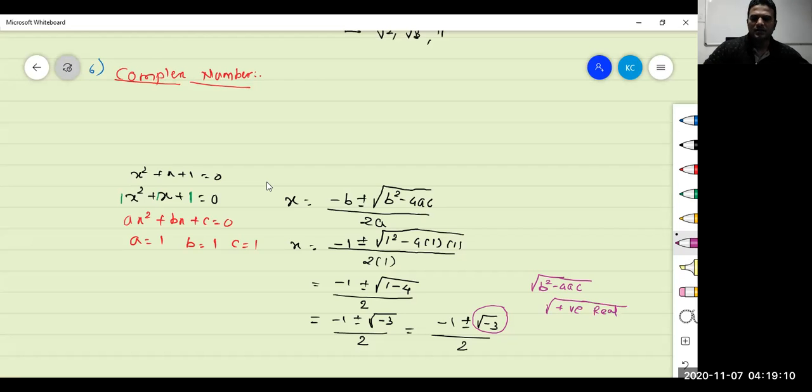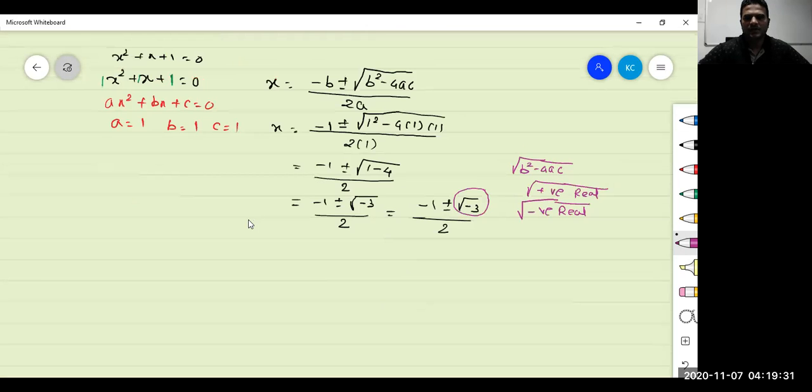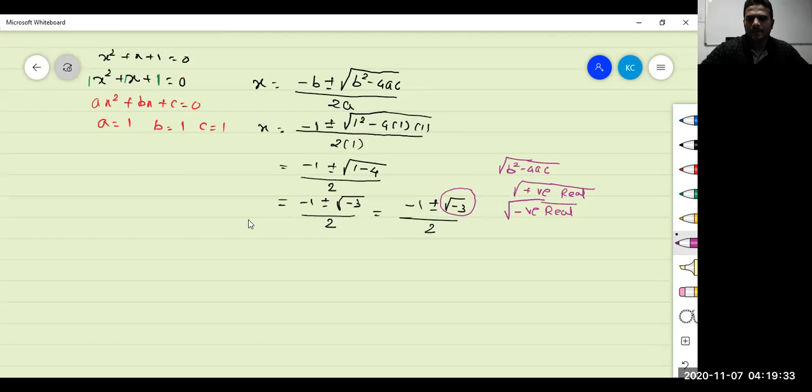In this case, the number is a root of a negative real number. So how can we simplify this? That we should have to see.